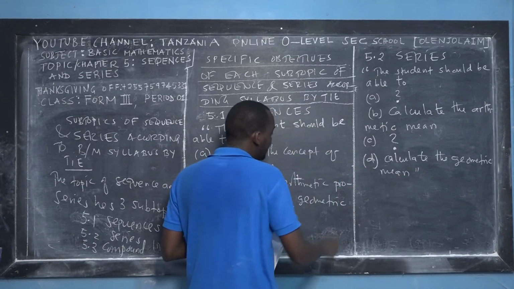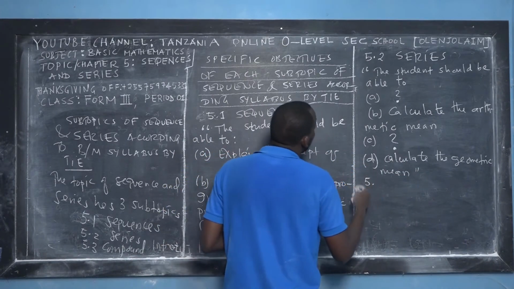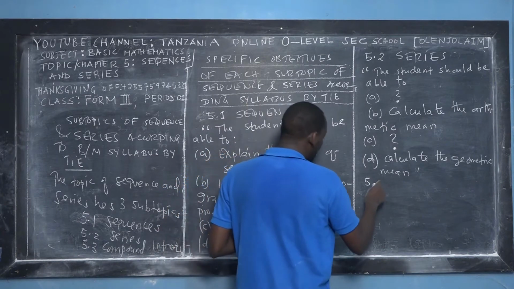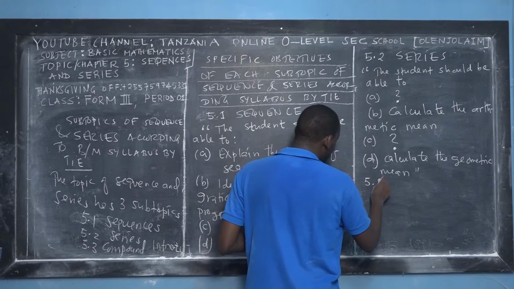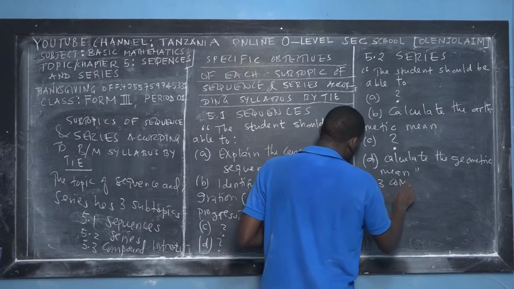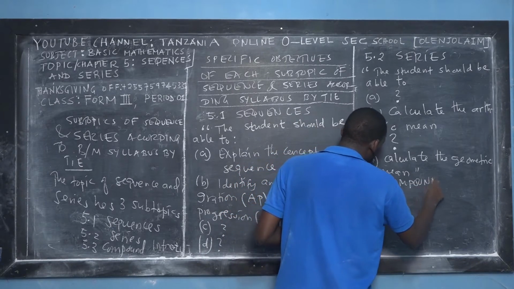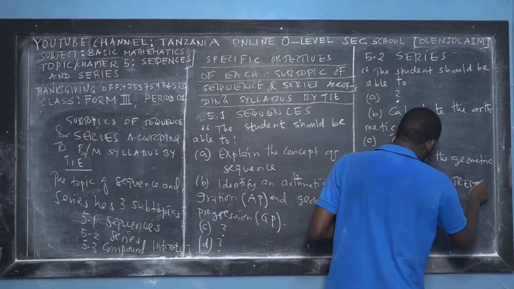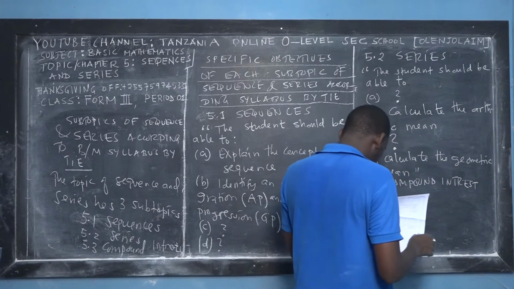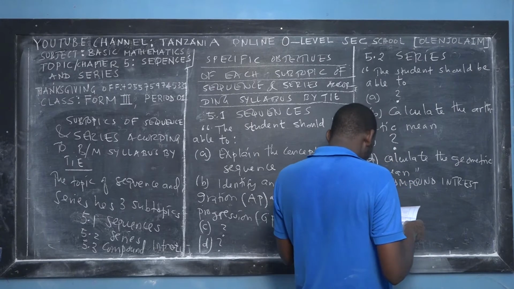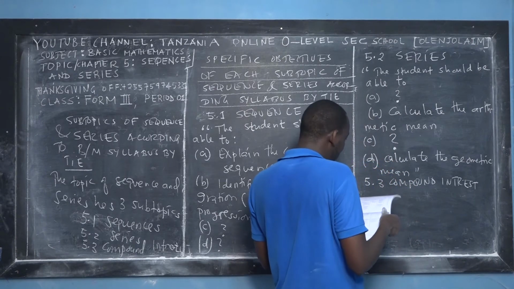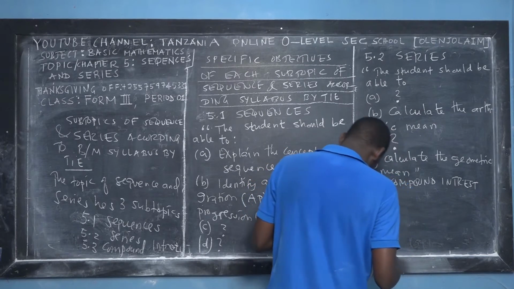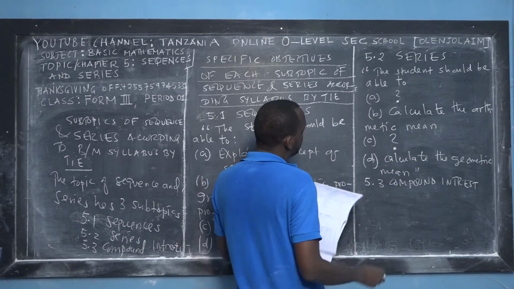And hence the third subtopic of sequences and series is called compound interest. The uniqueness of this concept is that it has only one specific objective, and let me quote it for you.